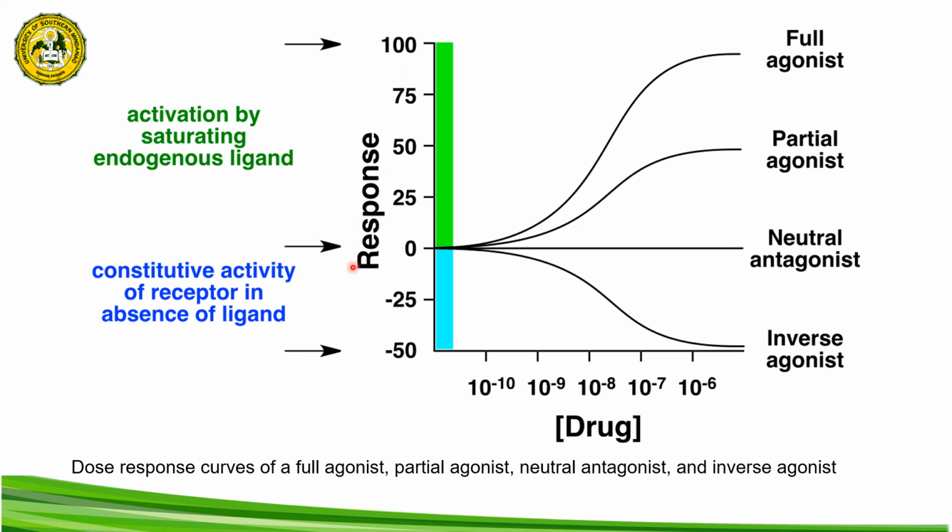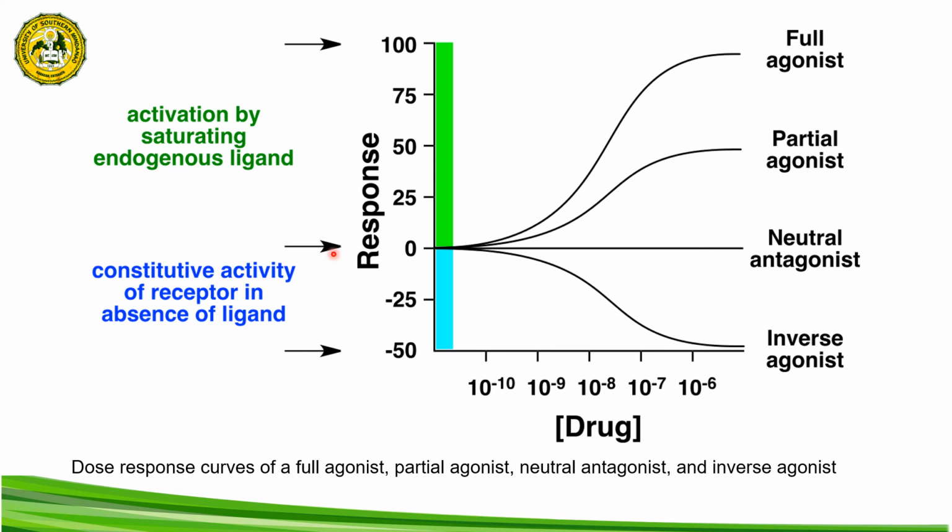The requirement for inverse agonism is the presence of the constitutive activity of the receptor, meaning that even without a ligand present in the biophase, the receptor will still produce some innate response.